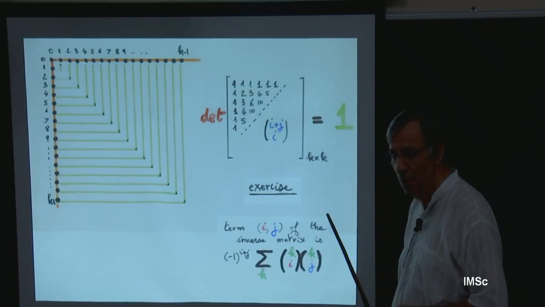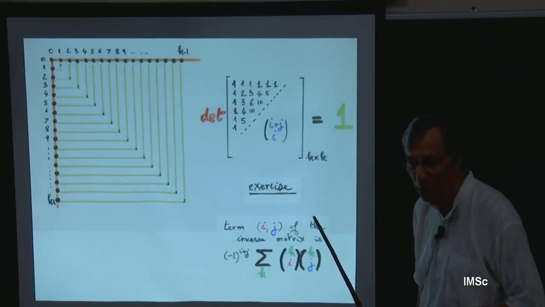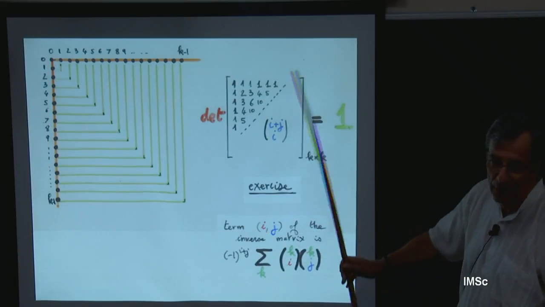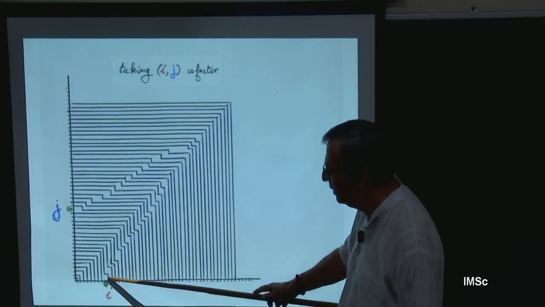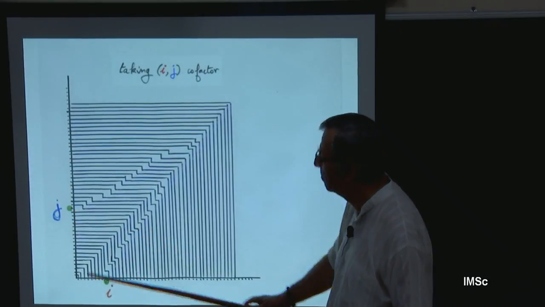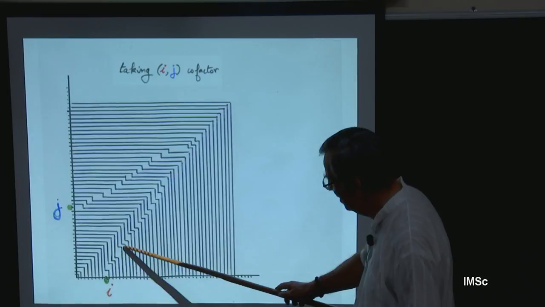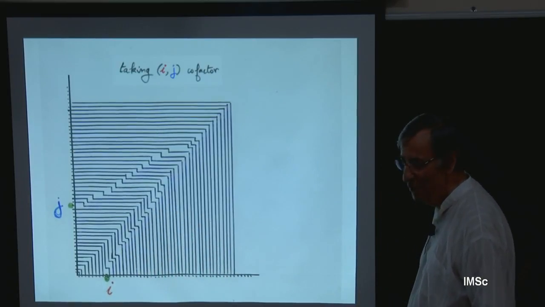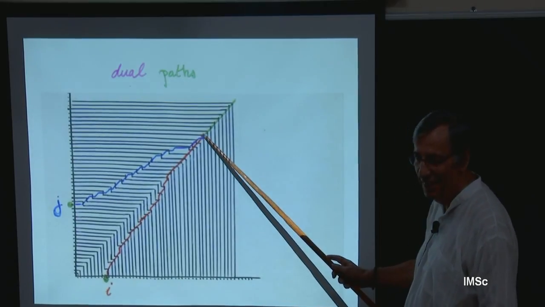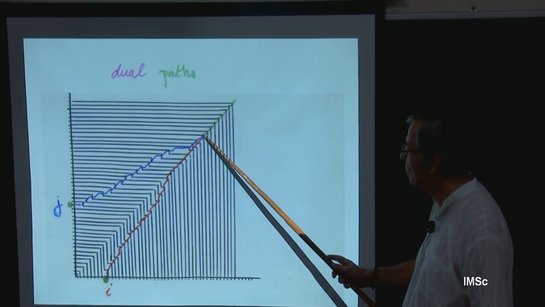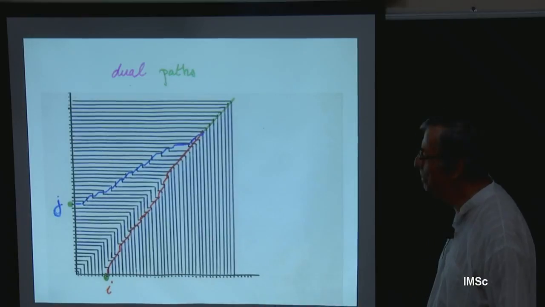So let's take a hole. Taking the cofactor, you delete the row number i and column number j. So deleting row and column means you are putting a hole here and putting a hole here. And the holes propagate in this configuration. And then the two propagations are going to meet exactly on the diagonal. And then they go together with the green path.